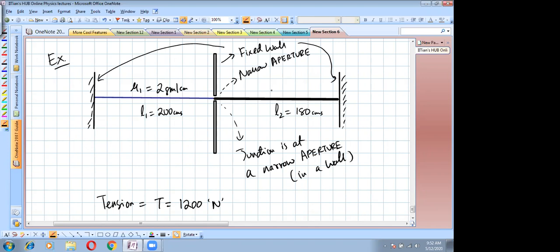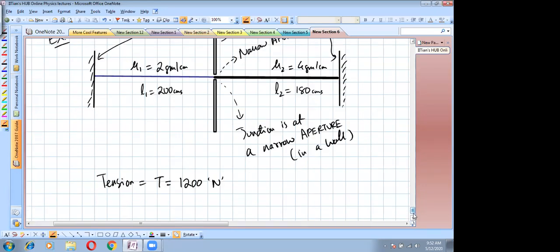And on this side, we have linear mass density, which is, let us say, 4 grams per centimeter. Okay. So we have to find the fundamental mode of vibration frequency.